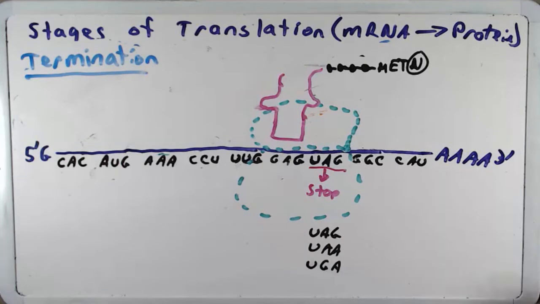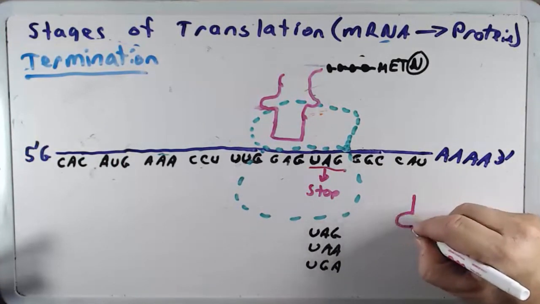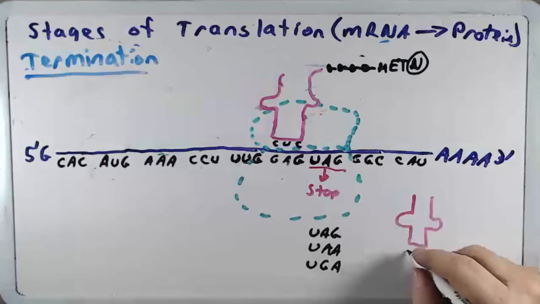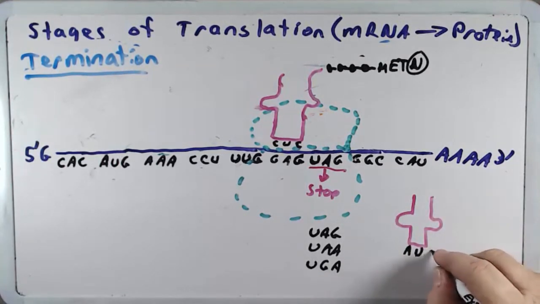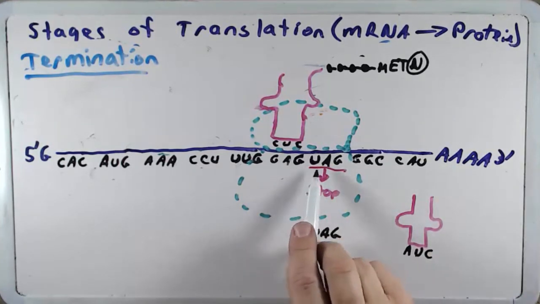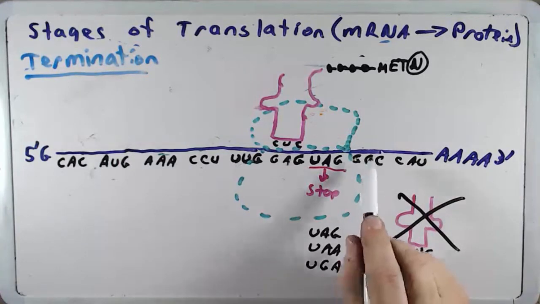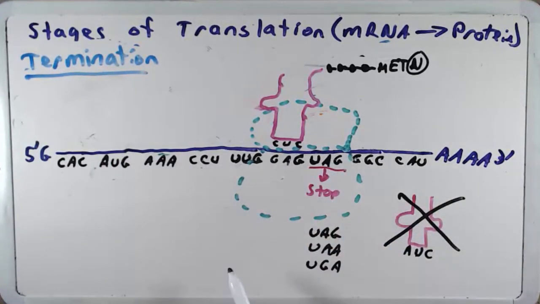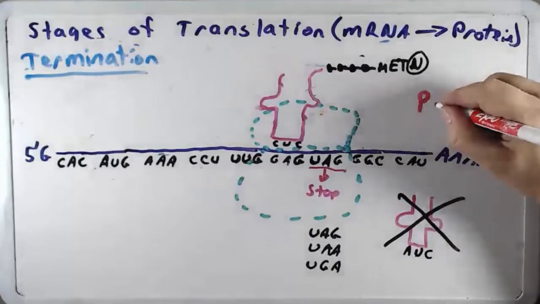Now, the reason it's going to stop here is because there is not a tRNA that looks like this, that has an anticodon of AUC, which would be complementary to the UAG. This does not exist. So when the ribosome runs into a stop codon, it causes a pause.